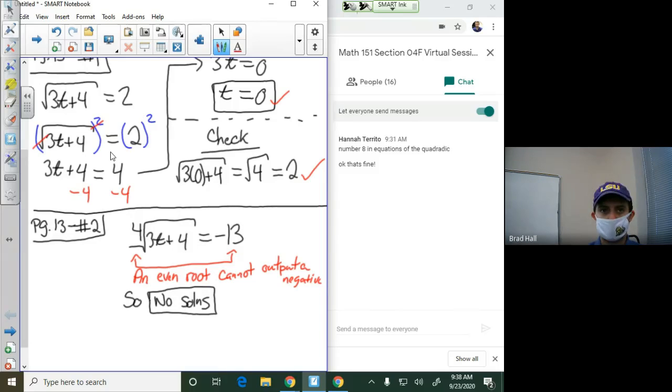Now, if you did not notice this, you would take the fourth power of both sides to get rid of the fourth root. You would find an answer, but when you check your answers, you would end up getting that final solution did not work. As in, if you plugged it back into the equation, you would probably get something else. You would not get negative 13. So if you're able to identify it in the beginning as such, you will save yourself a lot of work.